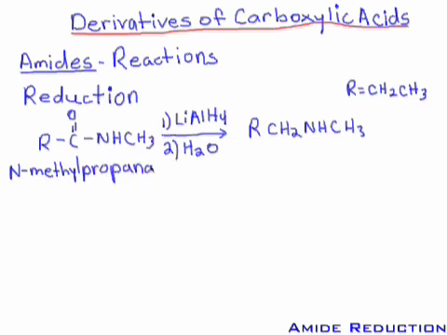Remember, the nomenclature is derived from the carboxylic acid. Drop the oic acid, propanoic acid, add amide, and methyl because there's a methyl off the nitrogen. The common name, of course, is N-methyl propionic acid becomes propionamide.